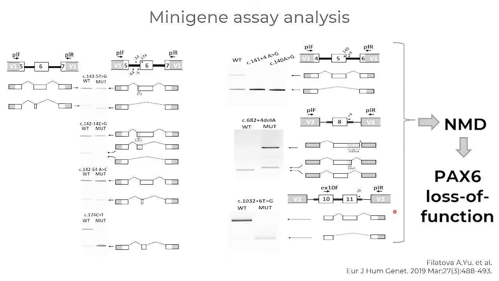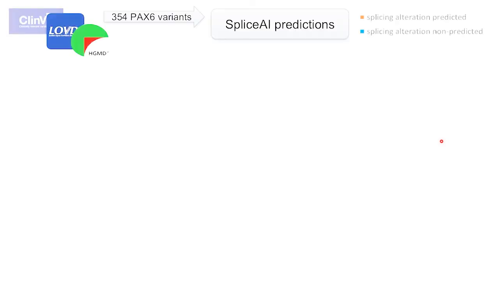Our results demonstrate that 7 out of 8 variants, including missense variant and synonymous variant, disrupt normal splicing and create aberrant mRNAs. This leads to PAX6 frame shift, followed by activation of nonsense-mediated mRNA decay, and finally to PAX6 loss of function. Since our Minigene system was effective for splicing analysis, we decided to scale up our study.